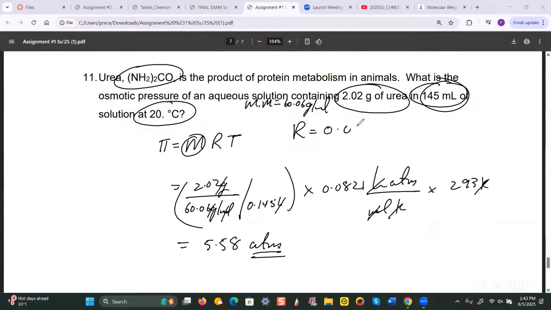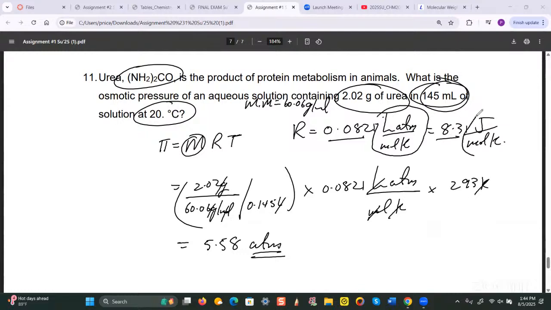R is equal to 0.0821 liters atmospheres over mole Kelvin, right? But there's another value of R, which is 8.31 joules per mole Kelvin. They're both equal to each other, but you'll notice that in addition to the numbers being different, the units are different as well, right? So you have to be careful.